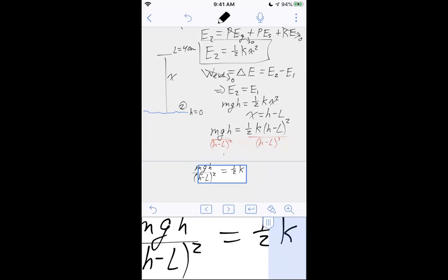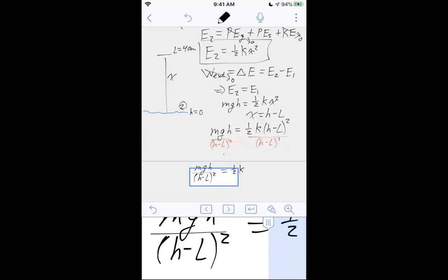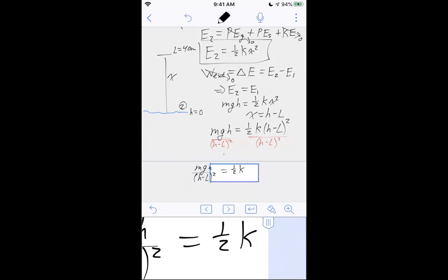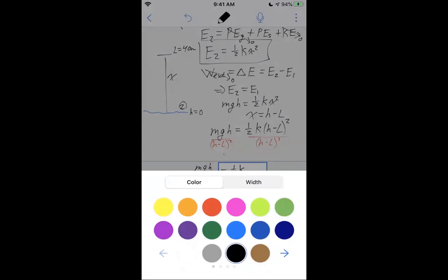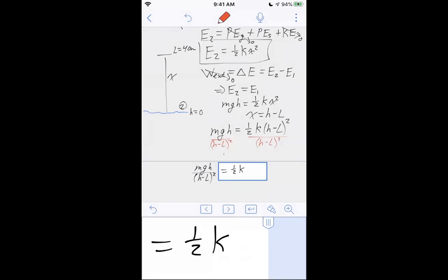And that's a lowercase k, by the way, for spring constant. I know my handwriting's not great, especially using my stylus on the phone screen. And then we need to get rid of the 1/2, so we'll multiply both sides by 2.